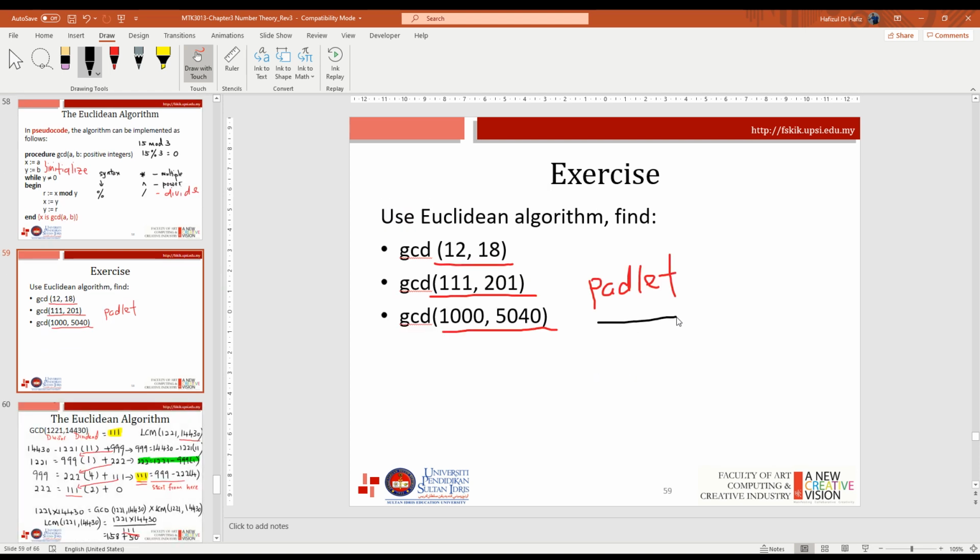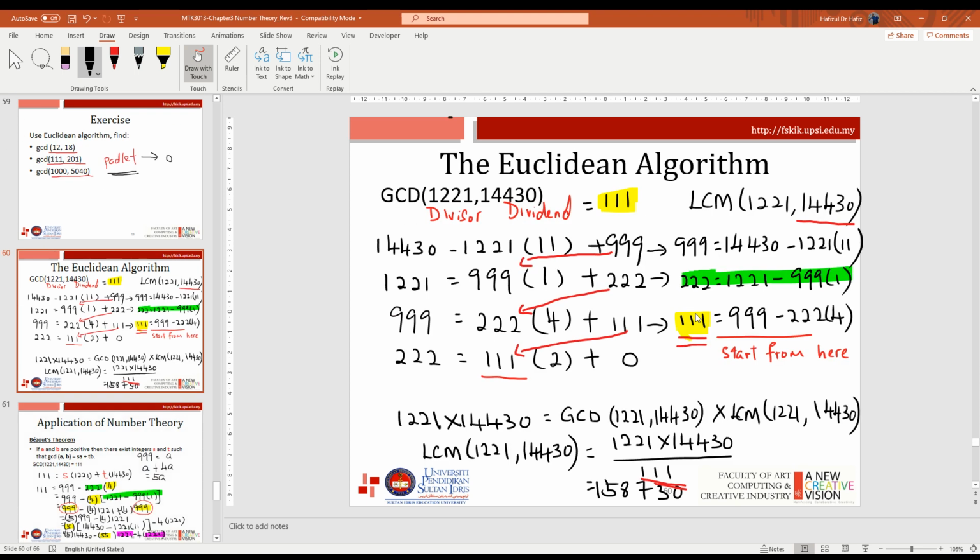Please do this exercise in Padlet. Please be reminded you need to find the remainder 0 for the GCD. For the LCM, please divide by the GCD.